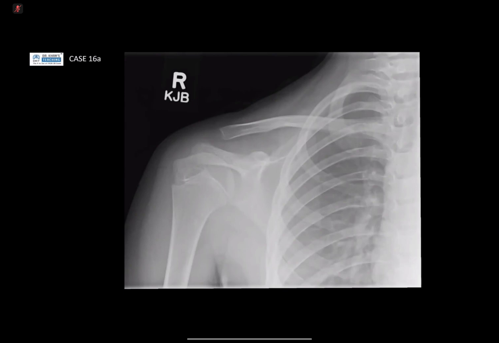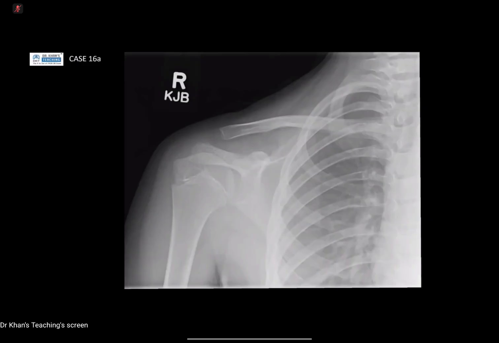Yeah, this is a right shoulder X-ray for a skeletally immature patient. Okay. I'm looking at the bone to check if there are any bone abnormalities.